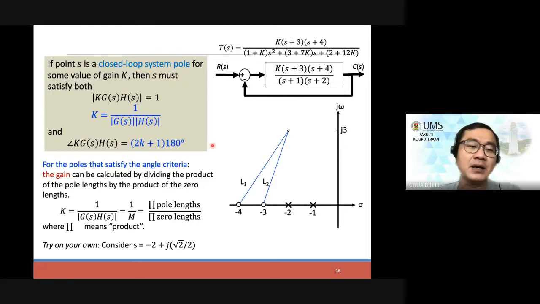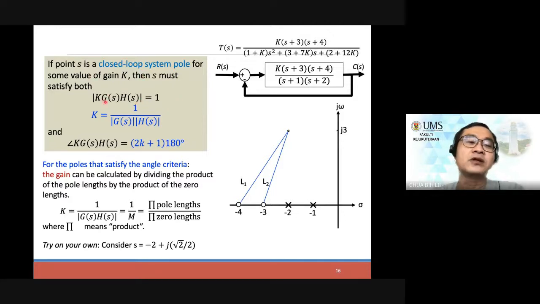We have discussed that there is a possibility to test any point on the S-plane, whether it is a root locus point or not to a system, right? So how to do the test? We have these two criteria, where we know that KGH should be equal to 1.